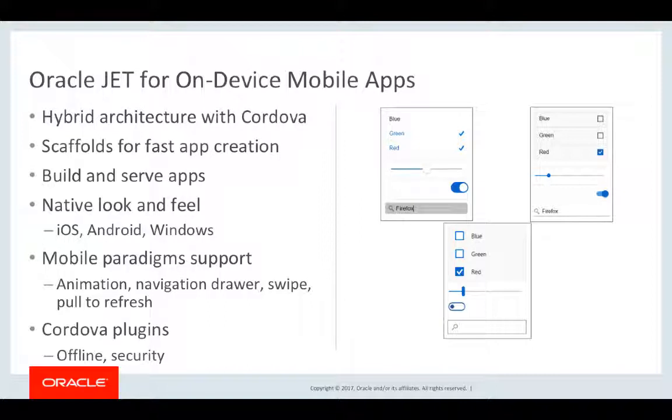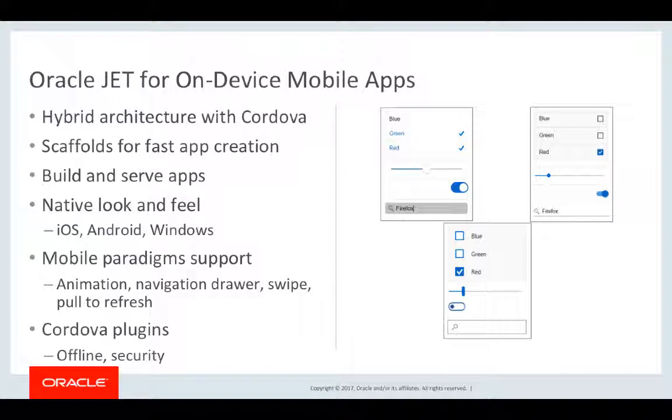And we have a bunch of utilities that we created to allow you to very quickly create mobile applications using Overkill Jet, including the ability to scaffold an application from the command line, and the ability to build and serve those applications.